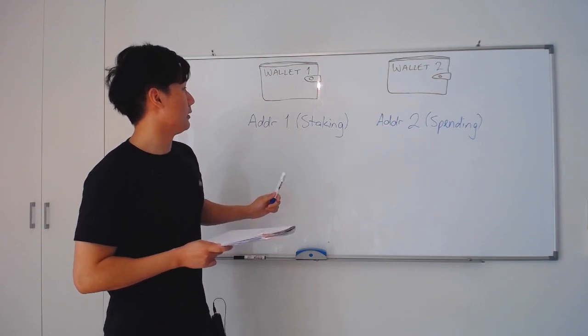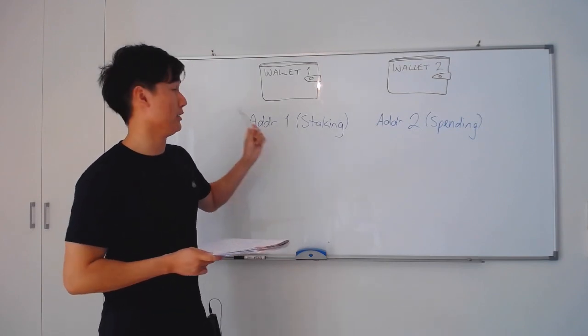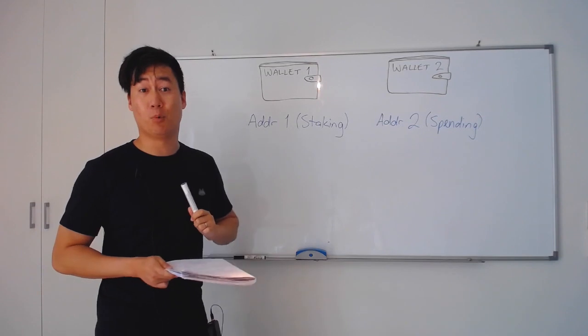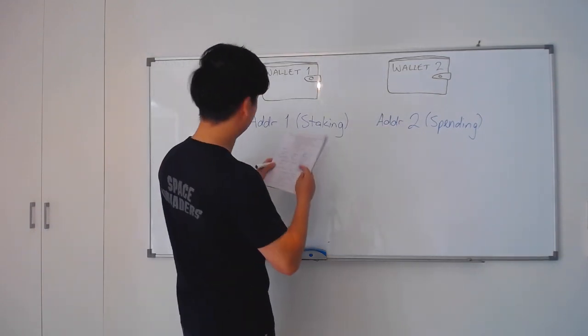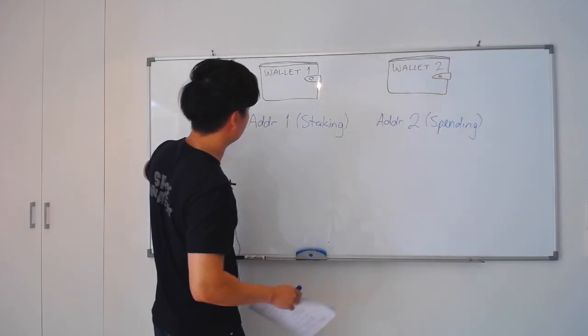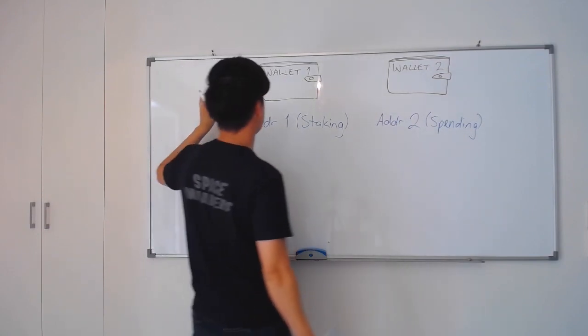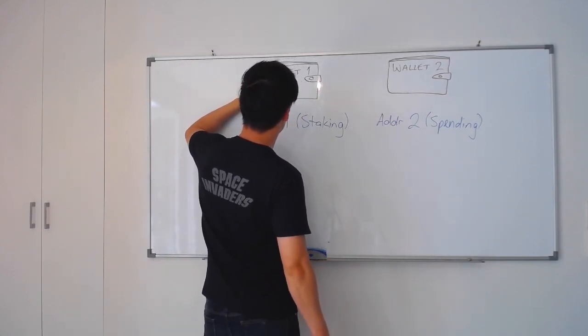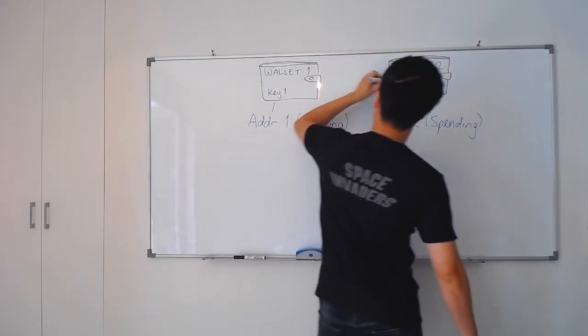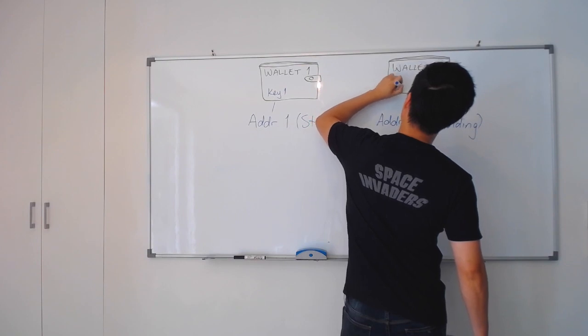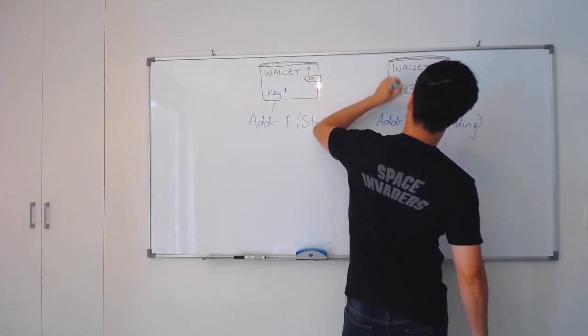So firstly, let's start off by saying you can't use two addresses from the same wallet. Let me tell you why, in case you don't know. Every NavCoin address and every cryptocurrency address has an associated private key, and this key is what lets you create transactions with your coins.